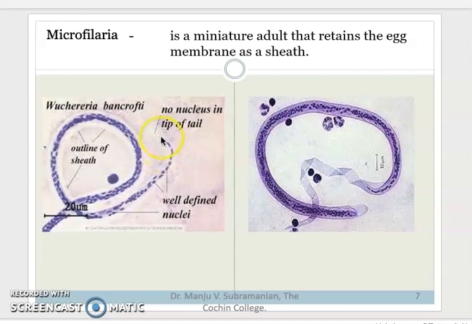At the tail end the cells are absent, and above this tail end you can see well-defined nuclei, and this is the outline of the sheath. It is about 20 micron in size, as shown here. As the name implies, Microfilaria is micron in size.